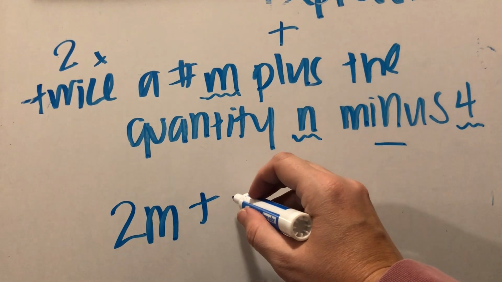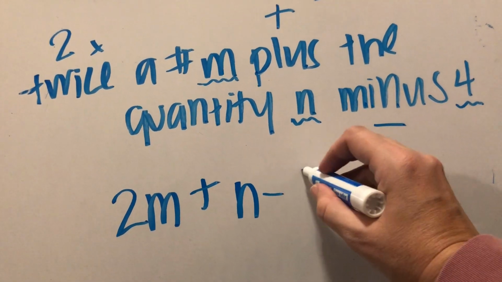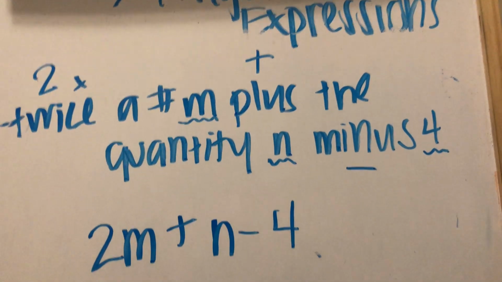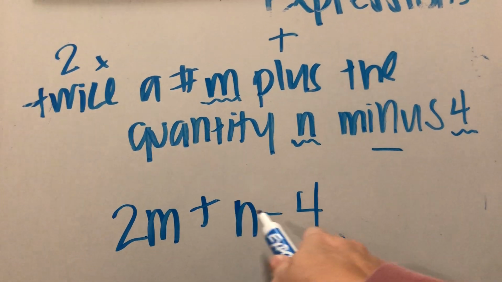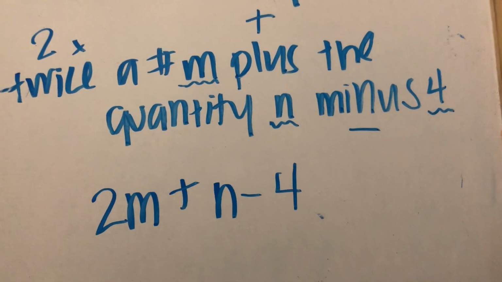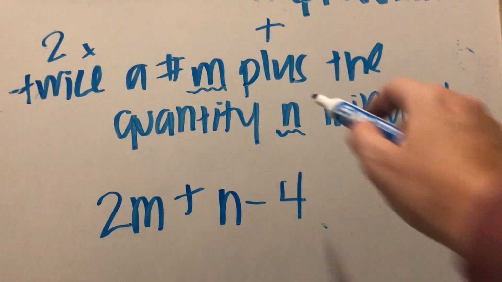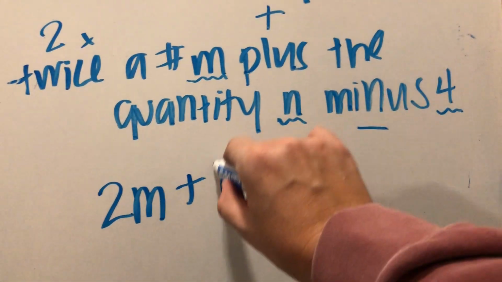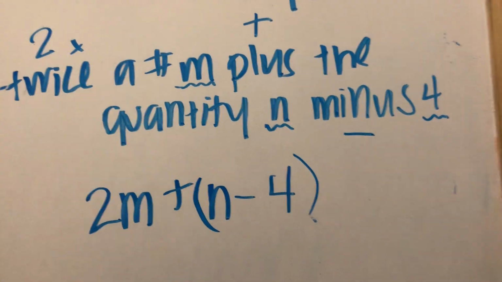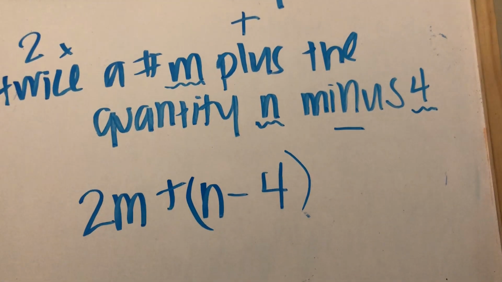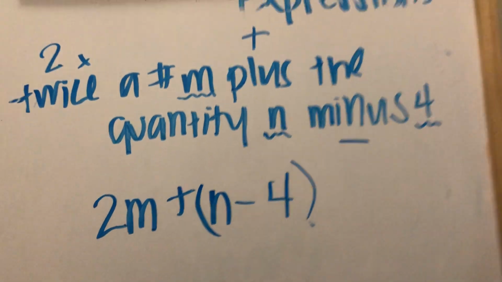So we have plus n minus 4. Now in this one, because we have addition and subtraction, we do not necessarily need to put the parentheses around it. If you'd like to have parentheses to show that it's a quantity of those two, this right here would be perfectly fine as well. However, it just doesn't change how we're going to be doing the operations on this one.